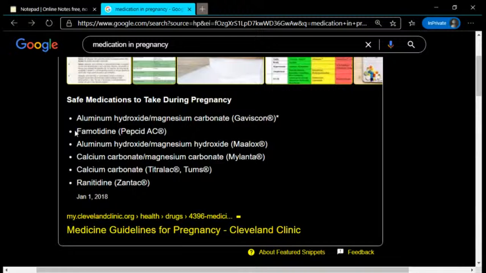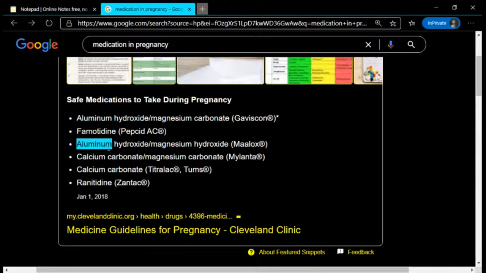Then we have famotidine, the trademark Pepcid AC.